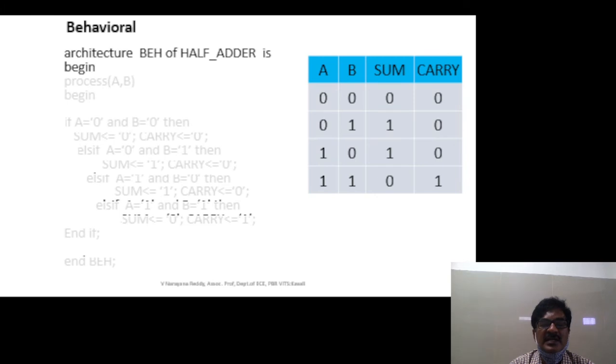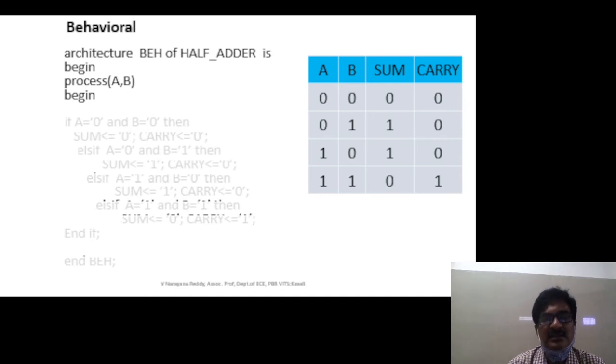The type of concurrent statement used in the behavioral model is the process. The process syntax starts with the word process followed by the sensitivity list. Here I am including both inputs A and B in the sensitivity list, so process of A comma B. Then process begin, because within the process also there are no declarations, so I directly write begin.